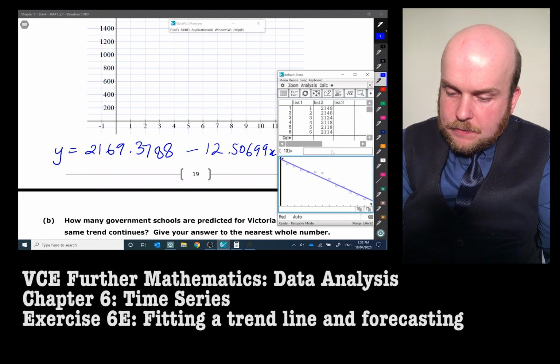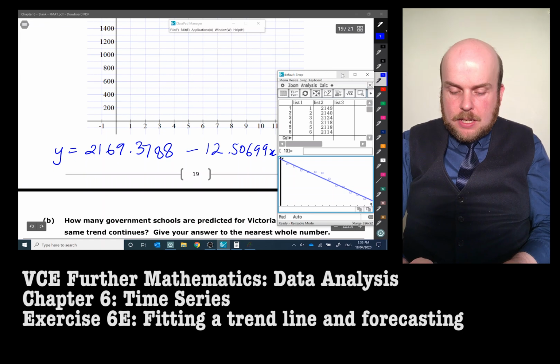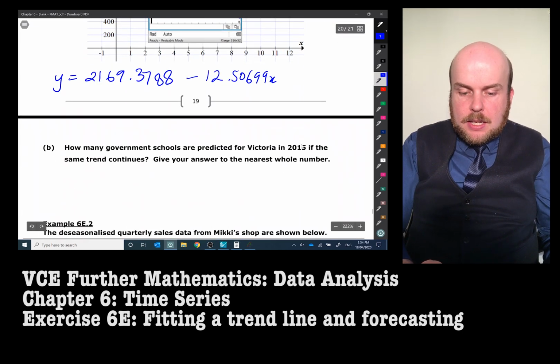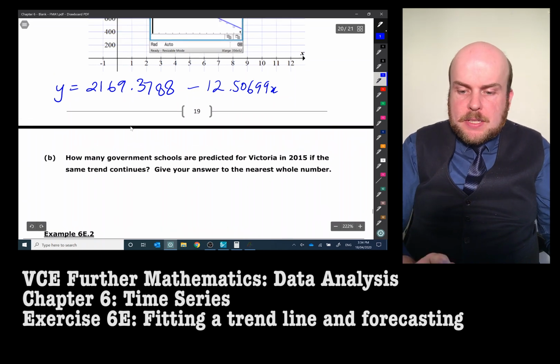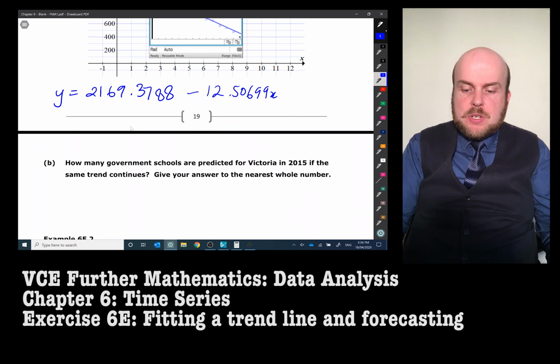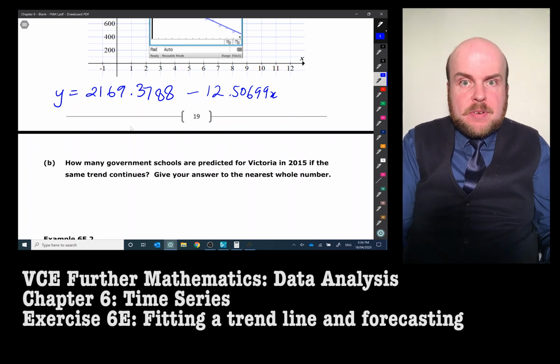So here we go. There's our lovely trend line. You'll notice there I've put all the decimal places, because it hasn't said anything about how many decimal places we should use, and also we should use all the decimal places until the very last step.